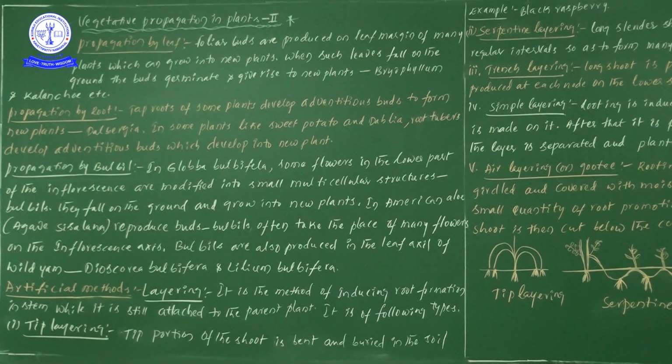Bulbils are also some kind of bud-like structures, like axillary buds or terminal buds, but they help in vegetative propagation.